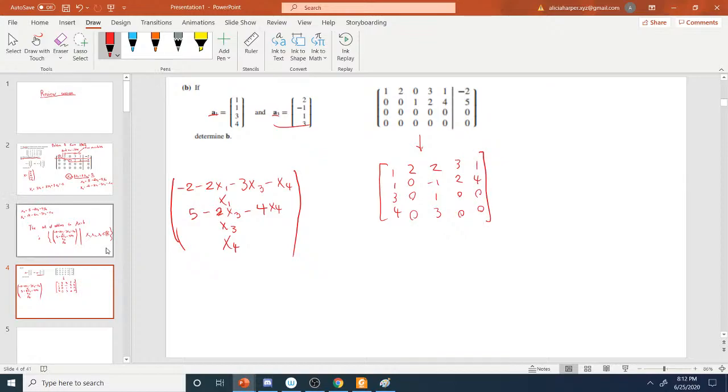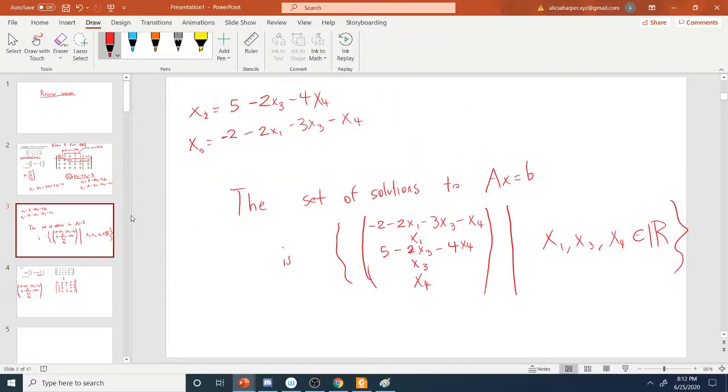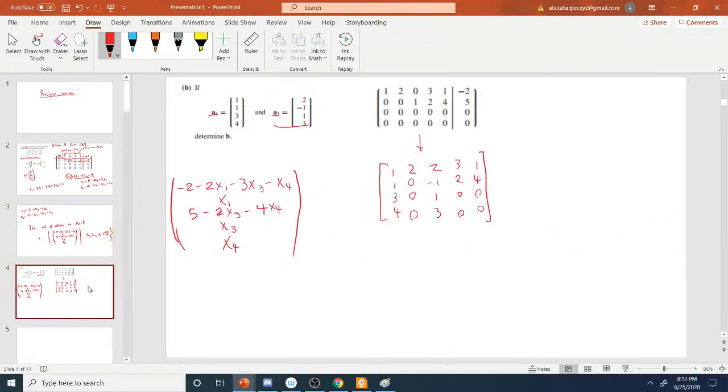Now what we're doing is we're using the solutions we found here, and we're inputting them to our new matrix. So what we're doing is we're feeding this negative 2 minus 2x1 minus 3x3 minus x4, x1, x3, or I'm sorry, I missed x2.